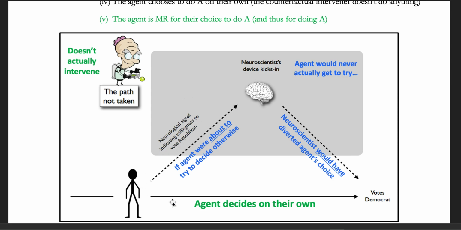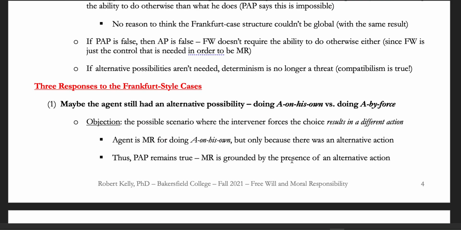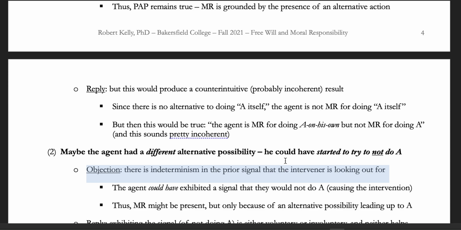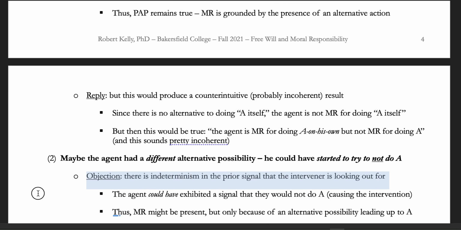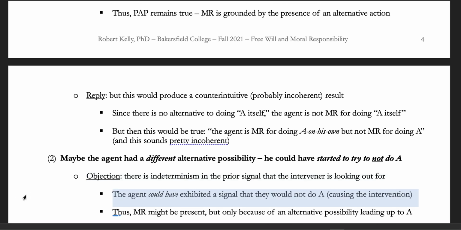It, in fact, doesn't happen, but it could happen. And so you have this indeterminism. You have this alternative possibility, right? Now, that means the agent could have exhibited the signal that they would not do A. They could have done that. That's the indeterminism. They could have exhibited some signal that they were about to try to not do A, which would have caused the intervention, right? They didn't do that, but they could have.